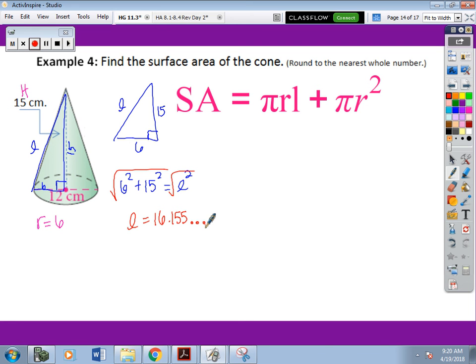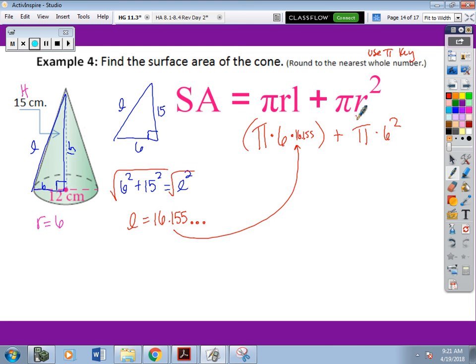But it tells us to round to the nearest whole number, which means you are using the pi key, or 3.14 form. So anytime it says round, that means plug in or evaluate using pi. So we'll have pi times our radius times our slant height plus pi times 6 squared.